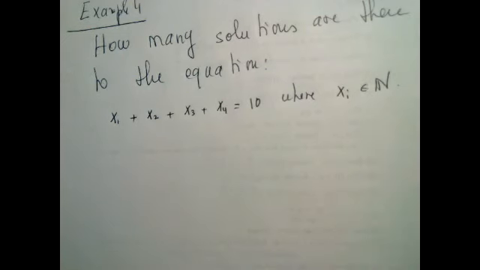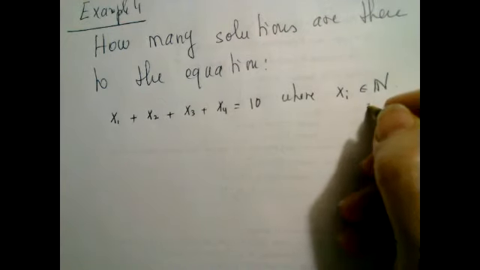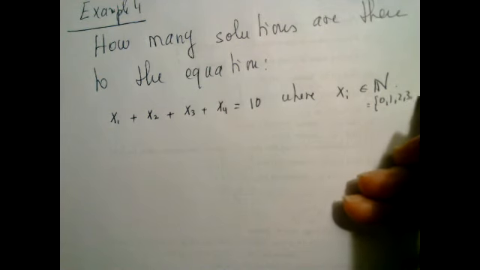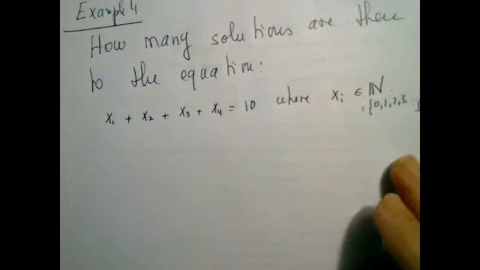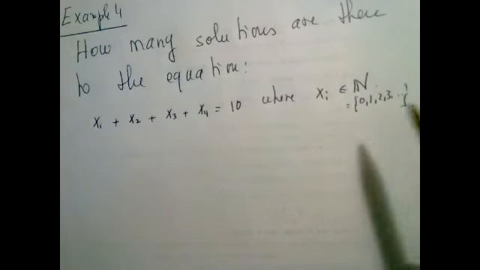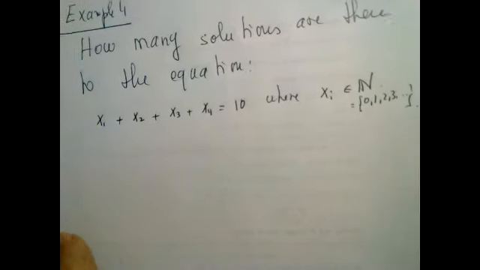Sorry, not an integer, a natural number. And let me remind you, the natural numbers in this class are 0, 1, 2, 3, etc. So I want all the solutions, which are basically integers, either 0 or positive integers.